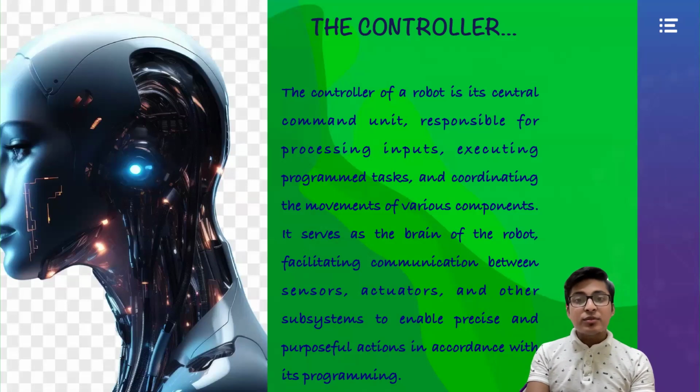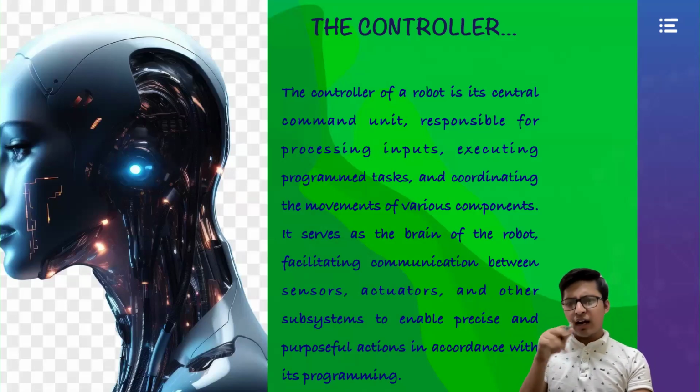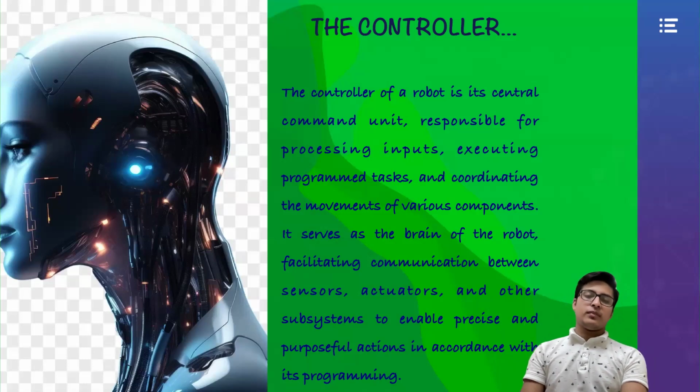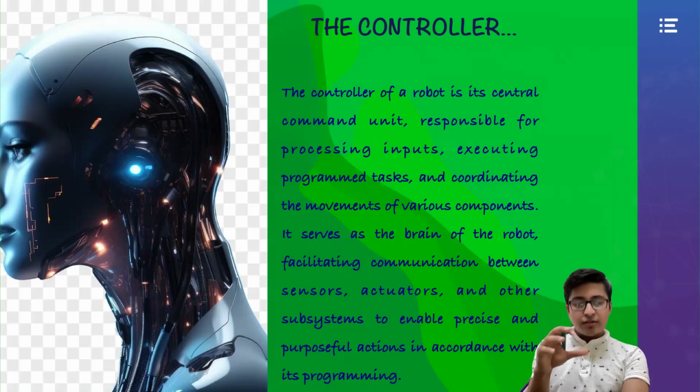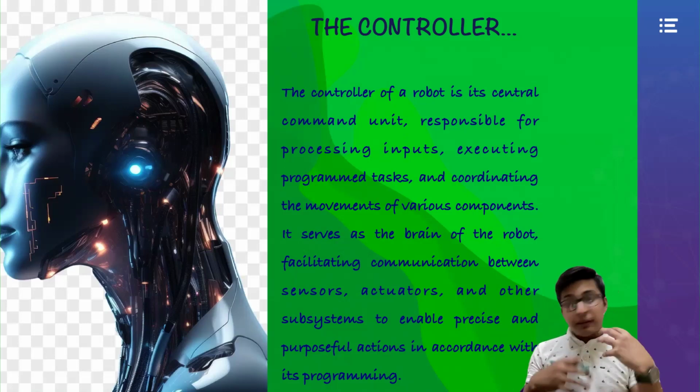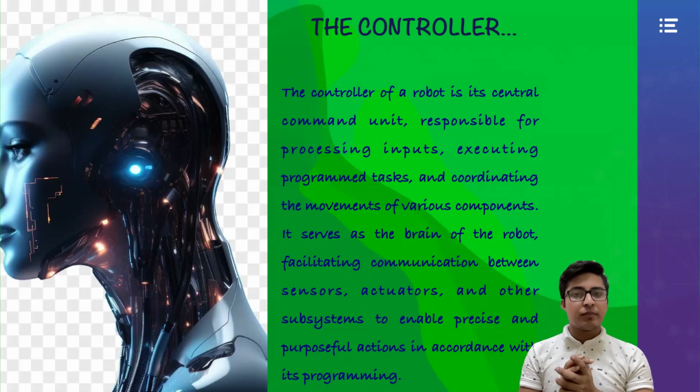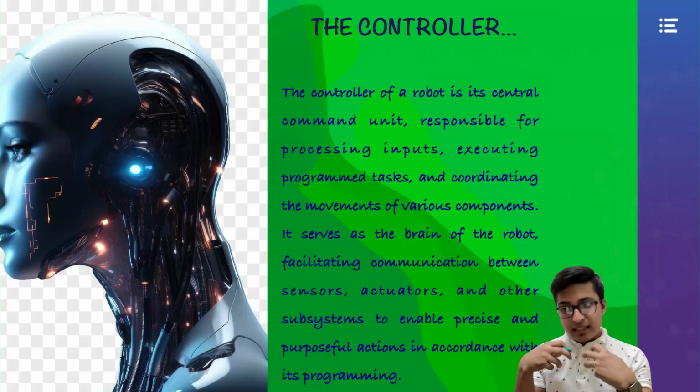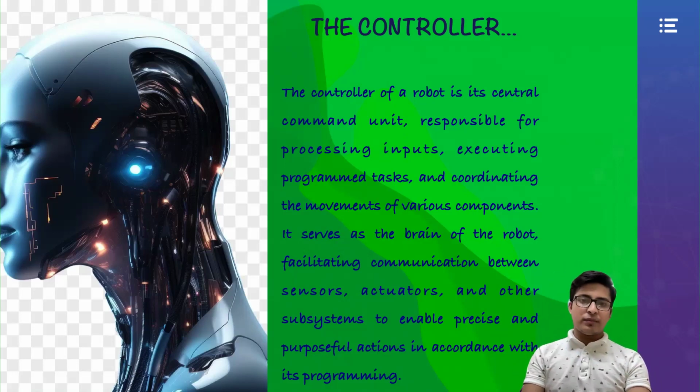It is basically responsible for processing the inputs. And what are the inputs? The inputs are basically the instructions that we are giving to the computer. By computer, I mean the robot. The instructions need to be given in a specific format, and that format is basically the command that we are using.